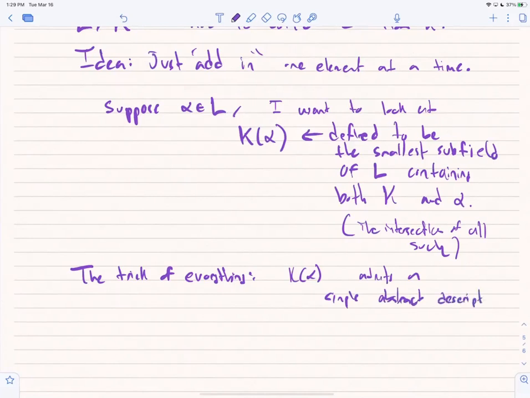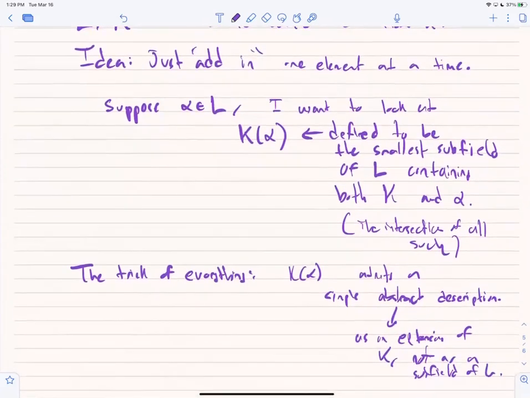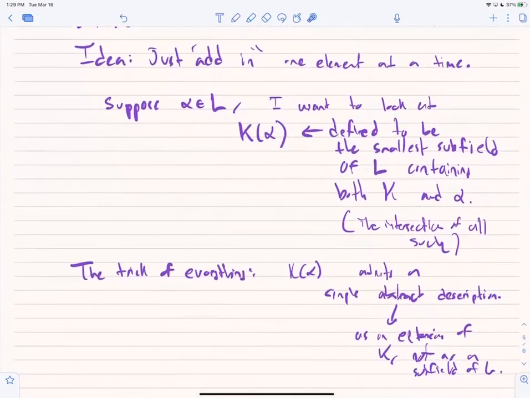Abstract, I mean as an extension of K, but not as a subfield of L. There's this distinction: I have K contained in K(alpha) contained in L. I could try to describe K(alpha) in two ways.